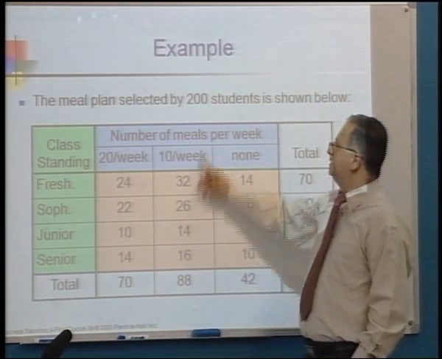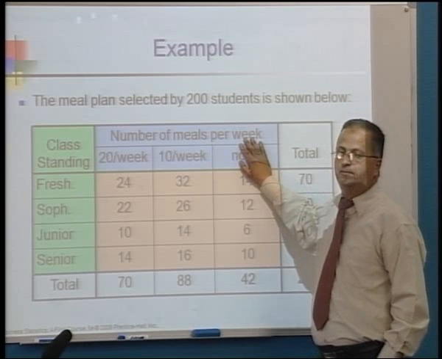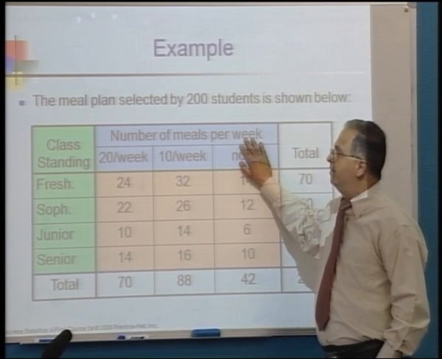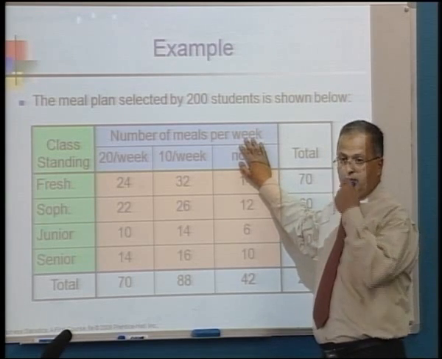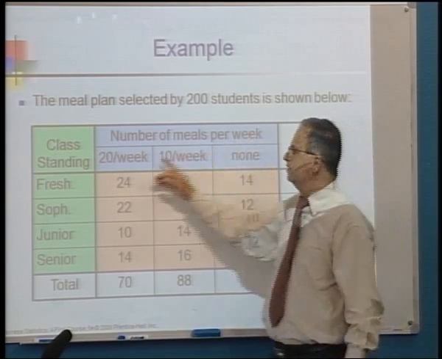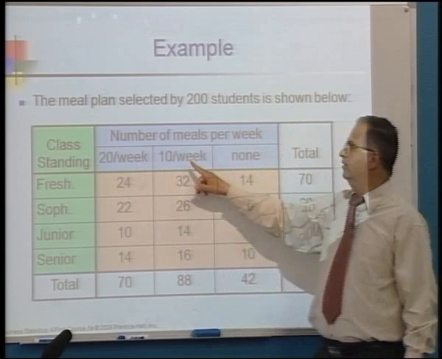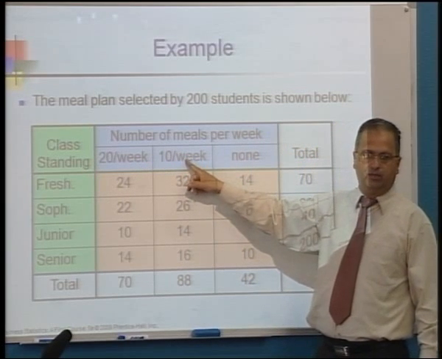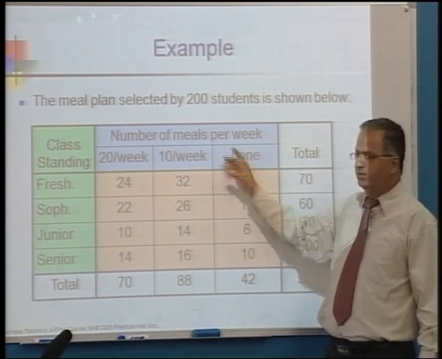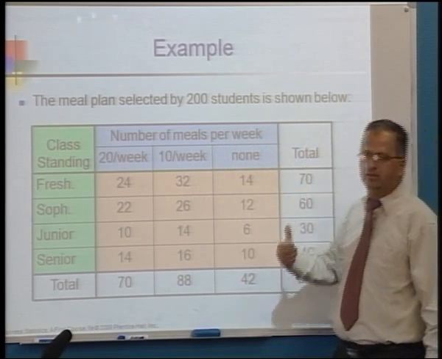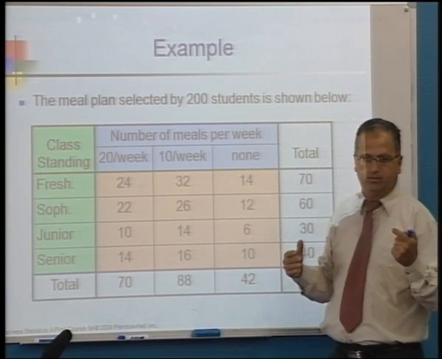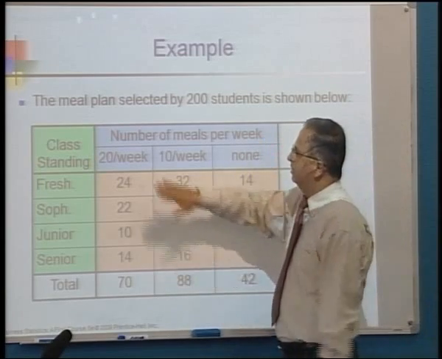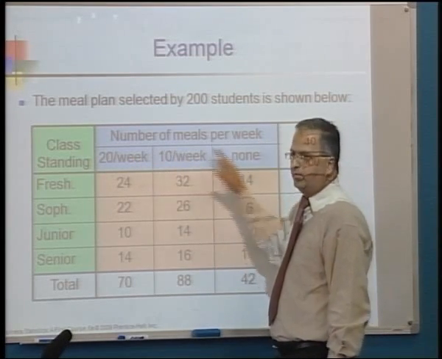The first one is number of meals per week, and there are three types: either 20 meals per week, or 10 meals per week, or none. So number of meals is classified into three groups, so three columns: 20 per week, 10 per week, or none.